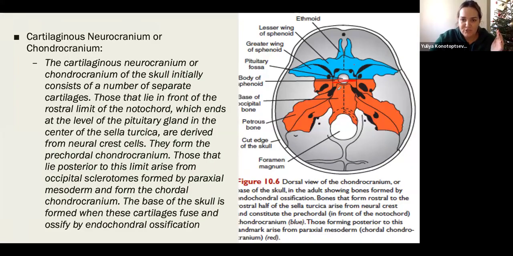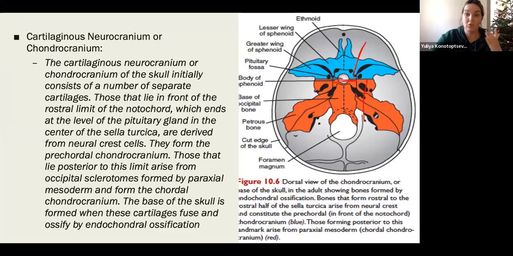In the cartilaginous part, in the base of the skull, there is a division. So the majority of the neural crest cells will be more cephalically, or more anteriorly, if you must say so, and paraxial mesoderm will be more posteriorly. What's going to happen? The two sources will become mesenchyme. Mesenchyme will become chondroblasts. Chondroblasts will make a cartilage in the shape of these structures.